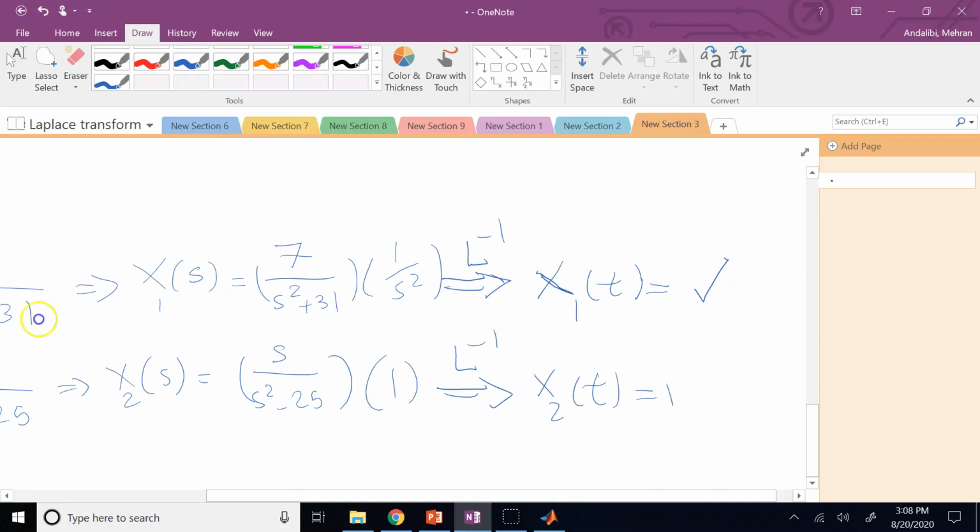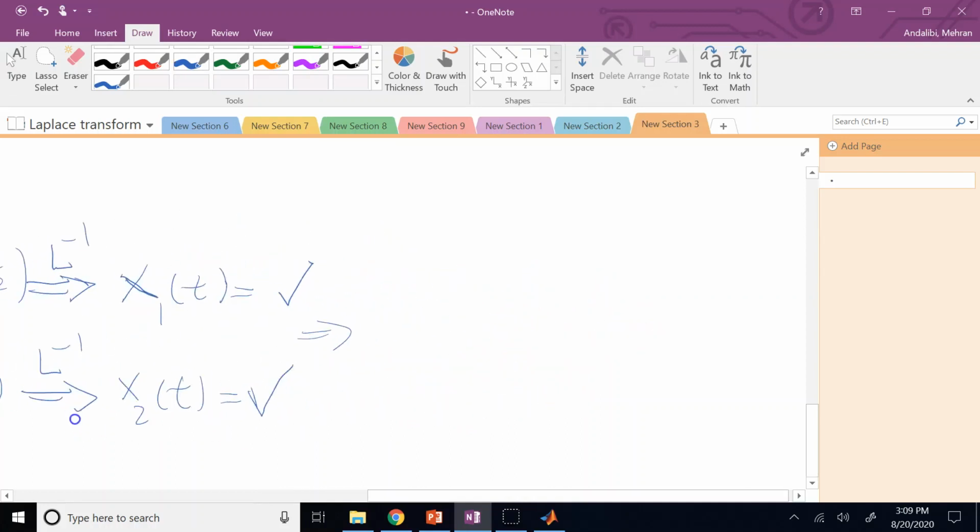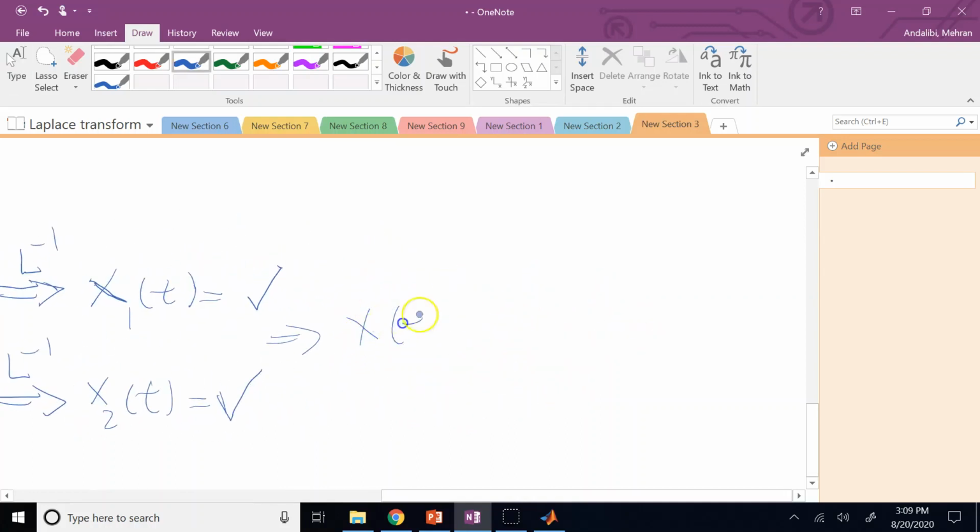And now each one of these is an output, this one due to the contribution of f, and this is the output due to the contribution of g. So if somebody says, what is the total output? You say the total output is the output due to f plus the output due to g, okay?